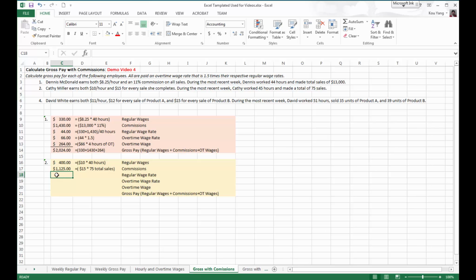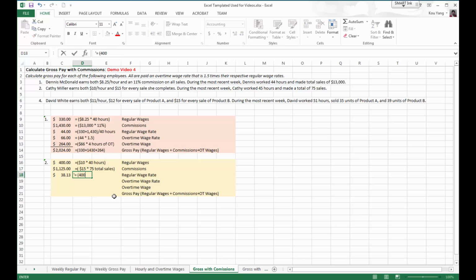For her regular wage rate, once again, I'm going to take 400 plus the commission amount and divide that by 40 hours. That's going to give me a regular wage rate of $38.13.